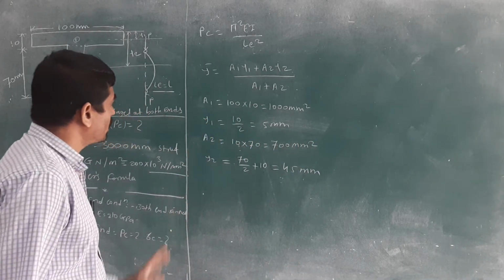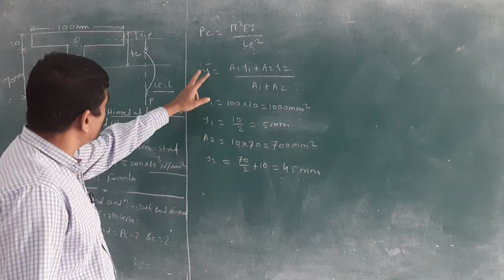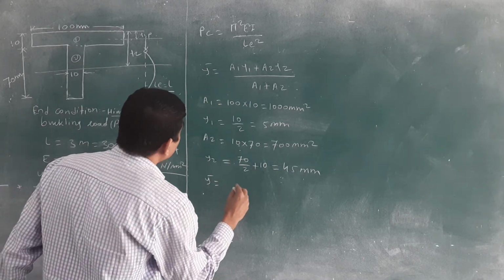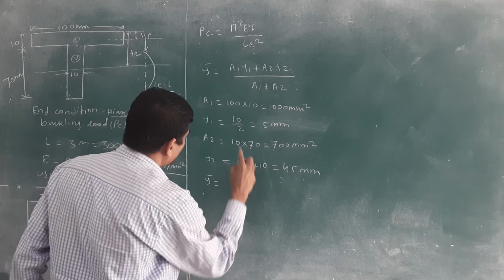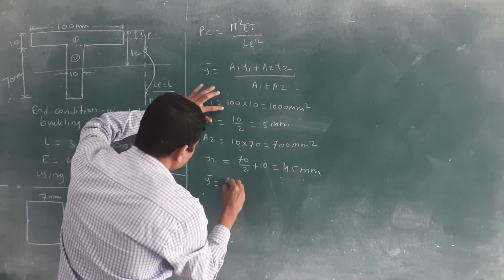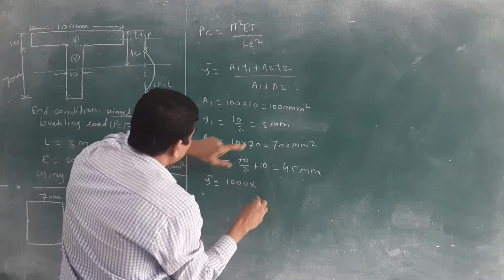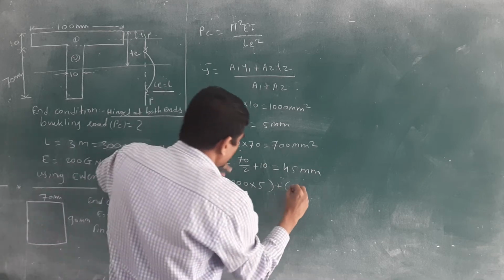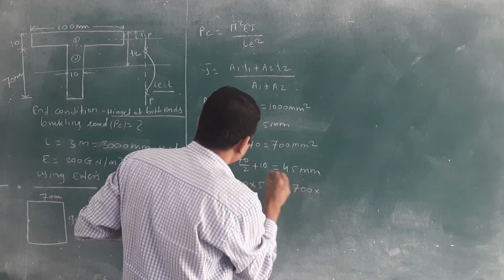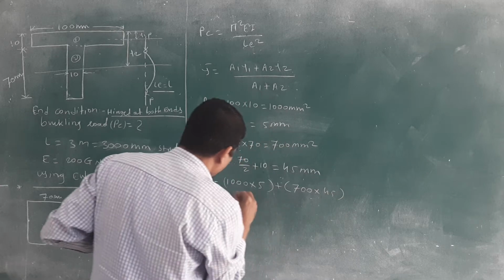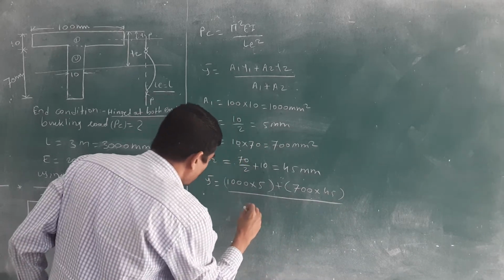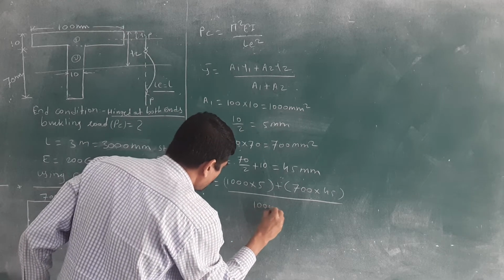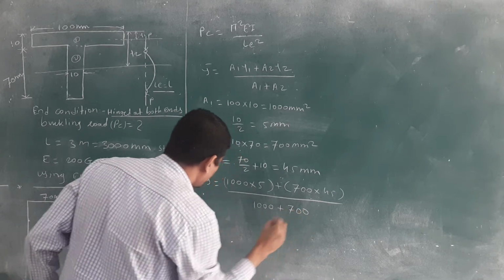Okay, once you have calculated all the values, then you have to put them in this equation. Y bar is equal to A1 Y1 plus A2 Y2 divided by A1 plus A2. I will put here A1 1000, then Y1 is 5, plus A2 700 into Y2 45, divided by A1 plus A2.